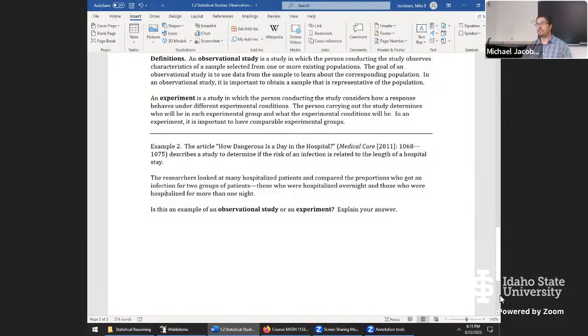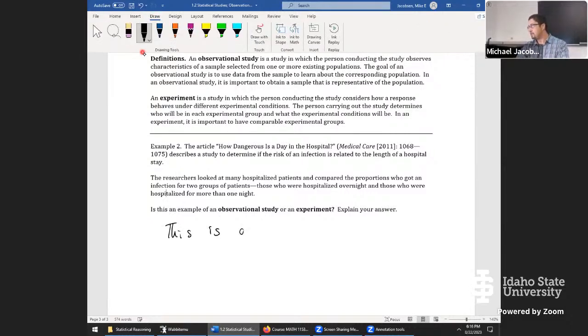So we want to decide, is this an experimental design or an observational study? Any volunteers for which it could be? Yeah, go ahead. It's definitely observational. So let's start with that.